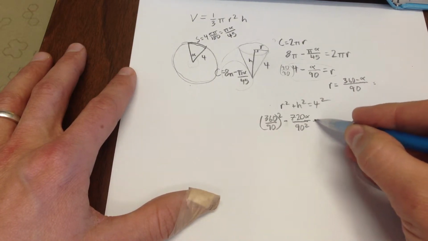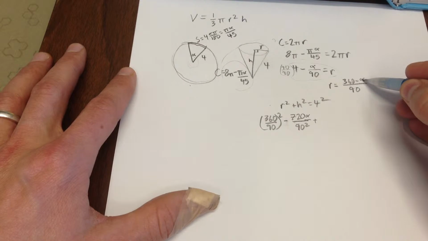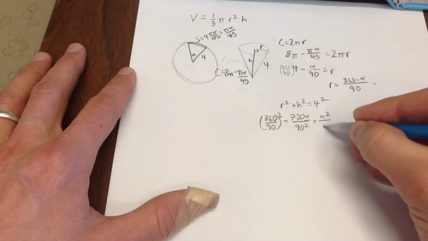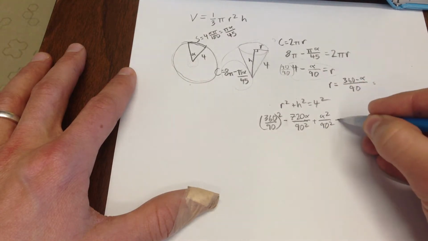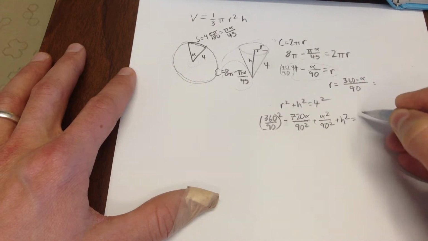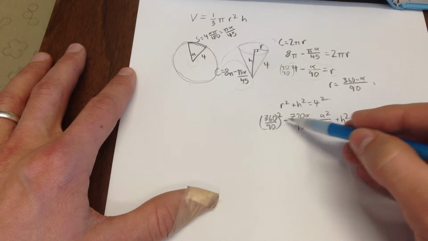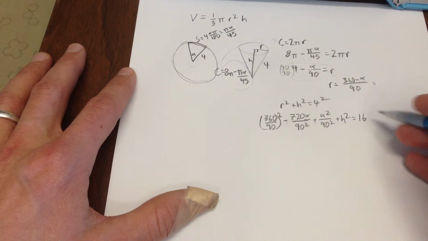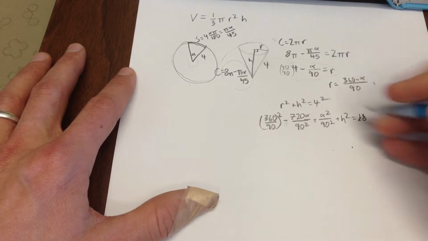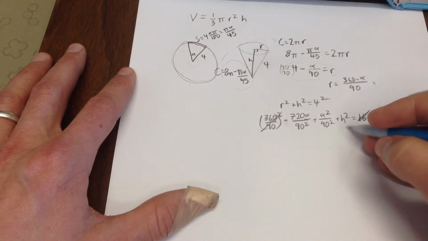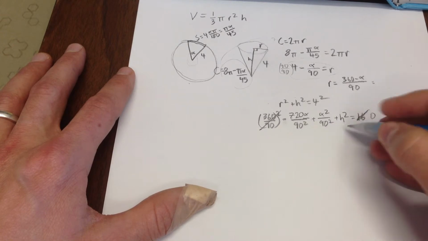If it takes you a while to think through that, or you want an intermediate step, that's fine. Finally, I need negative alpha over 90 squared, which is positive alpha squared over 90 squared, plus h squared equals 4 squared, 16. This 360 over 90 is 4 squared, so those cancel, and we end up with 0 there. Let me move these two terms to the other side.